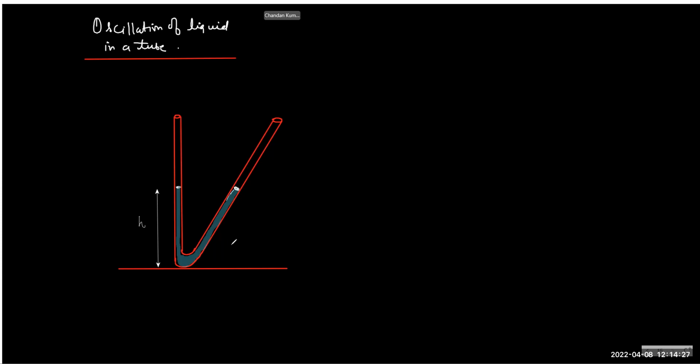Now, if I push the liquid from one side by x value, it will rise along the length by x value. Correct? So the level will decrease on the left side and increase on the right side. What we need to find is this length. That's it. So if I say this angle is theta, can you find this length?